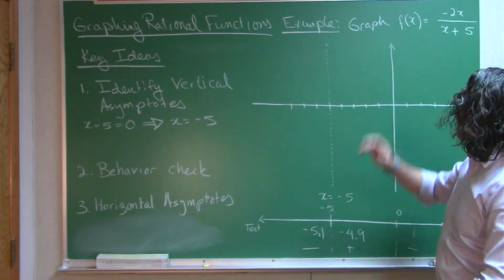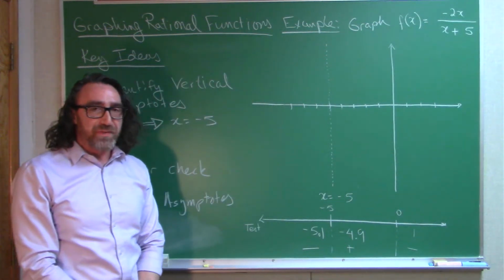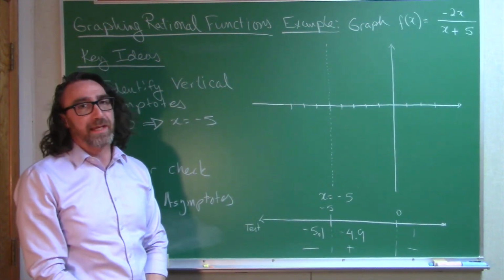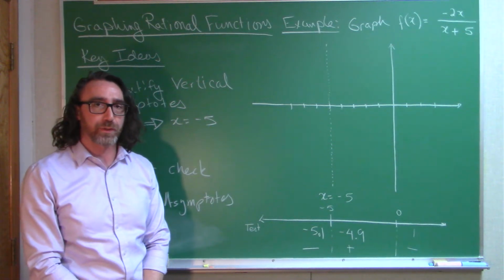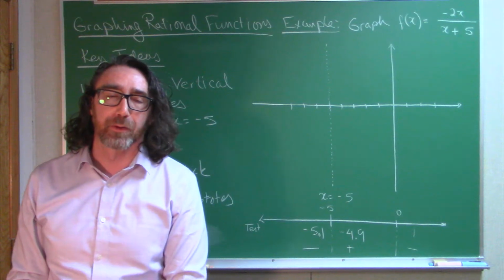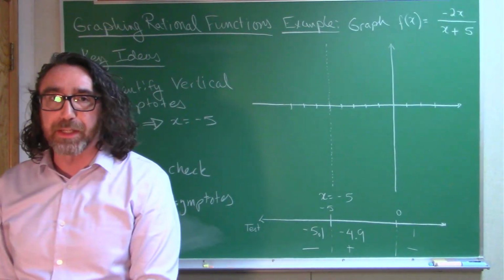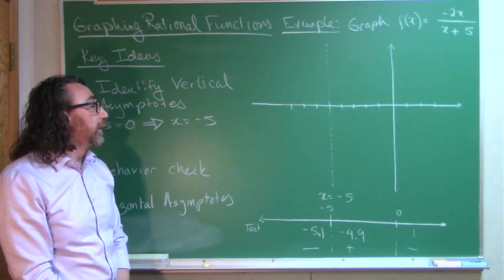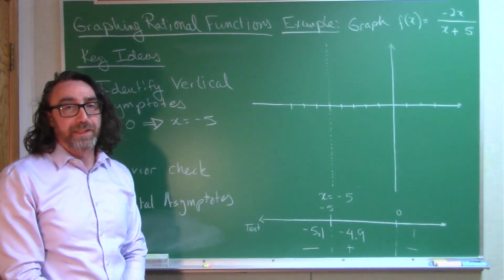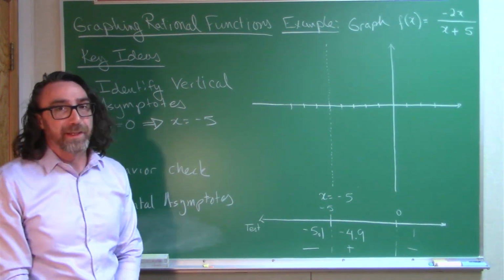Now my horizontal asymptotes. You'll remember from our last video that the horizontal asymptotes of these rational functions are determined by looking at the degree of the numerator versus the degree of the denominator. With this function, we see both parts, the numerator and denominator, are linear.